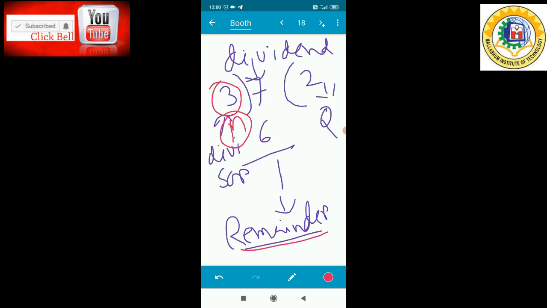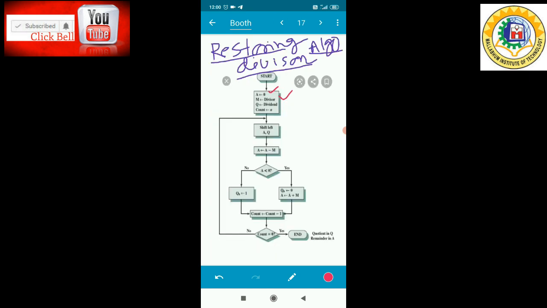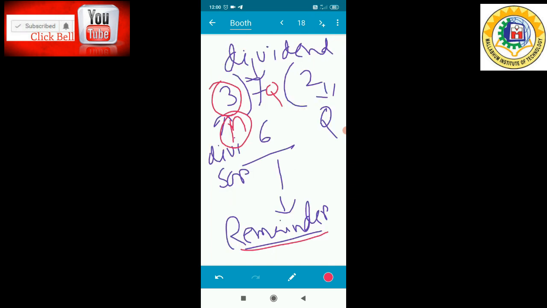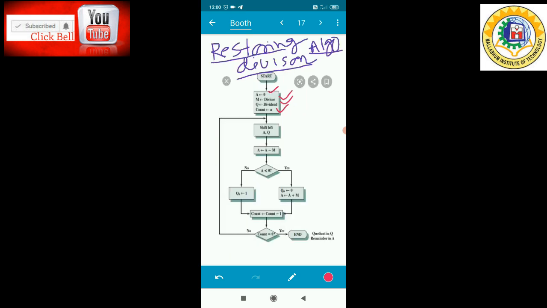Next, Q equal to dividend, so this is your dividend, 7, so this is your Q. And count is the number of bits in the dividend, how many bits are there in the dividend, that is being stored in n. This is the variable definition.